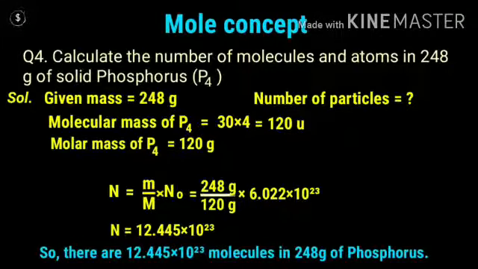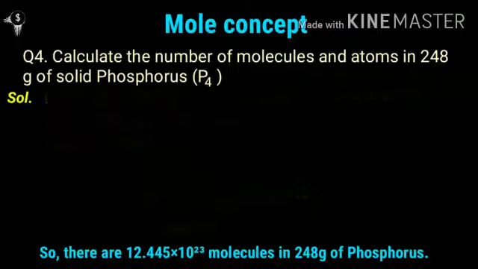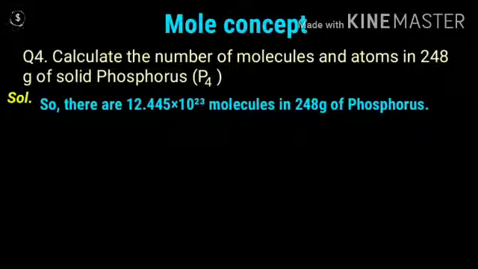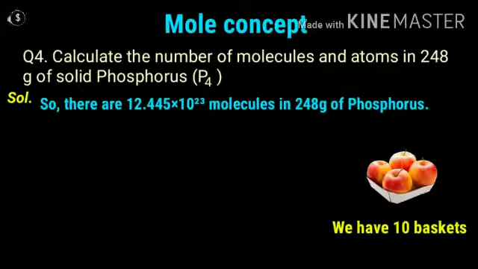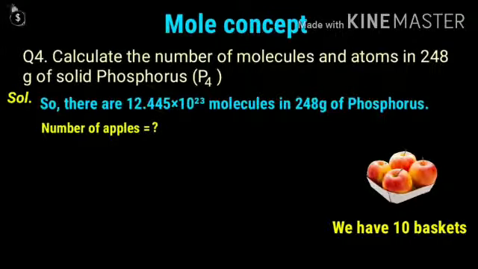But in this question, you also have to find the atoms in phosphorus. In a phosphorus molecule, you have to calculate the number of atoms. How will you calculate? You see that in P4, one molecule of phosphorus, there are 4 atoms. So the number of atoms equals the number of particles multiplied by the number of atoms in one molecule.